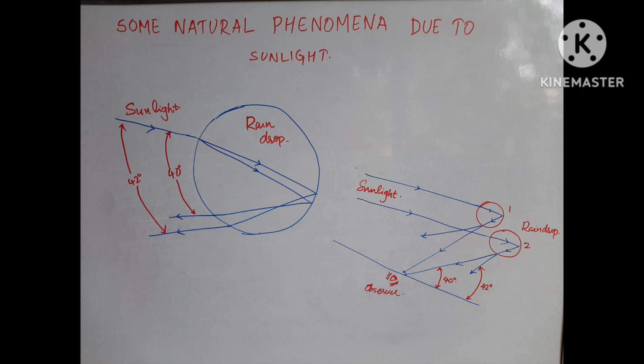As you know, violet light bends more and red light bends least, and after this bending and refraction, it touches the opposite side of the raindrop.